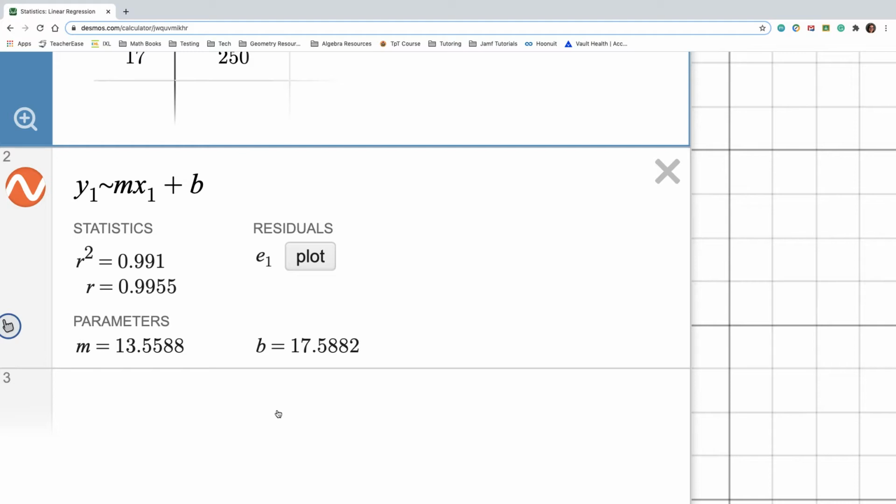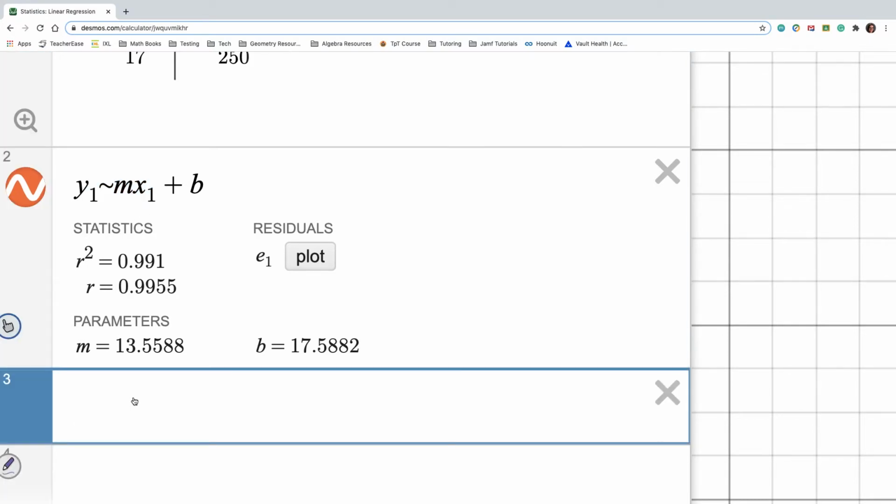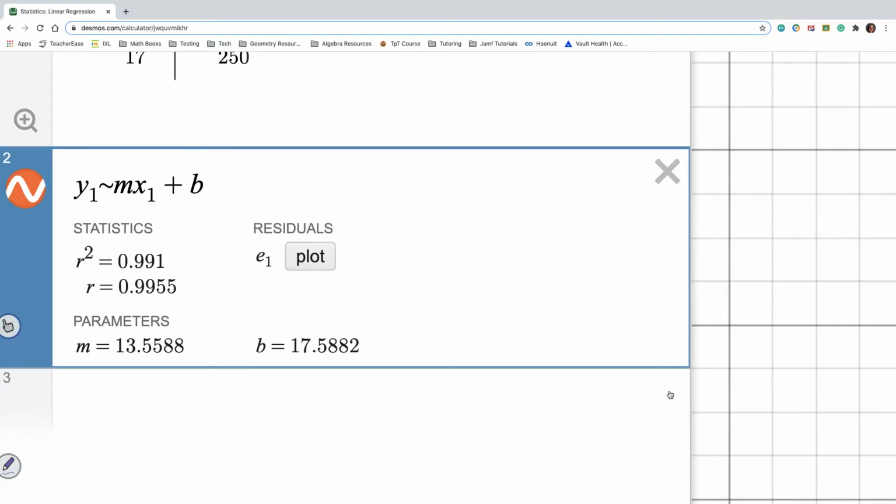On this graph, it has the Y1, and then we have our MX1 and our B. What I need you to focus on is the parameters at the bottom here. These parameters are those values you need to write your equation.